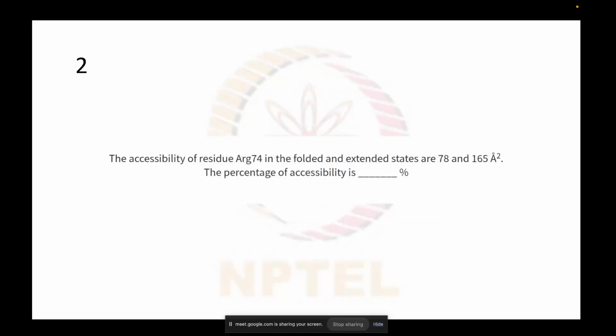Next I have the accessibility of a residue arginine, given in folded and extended state. So what is the percentage of accessibility?